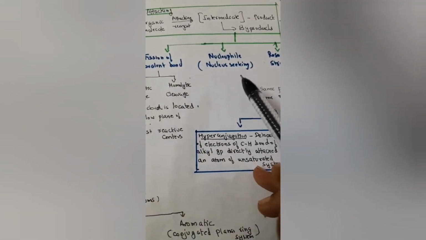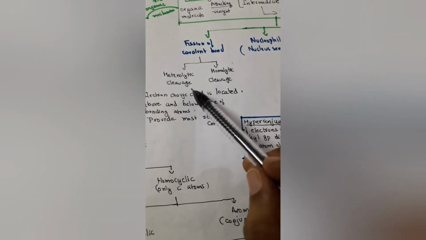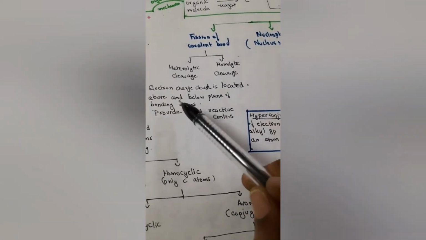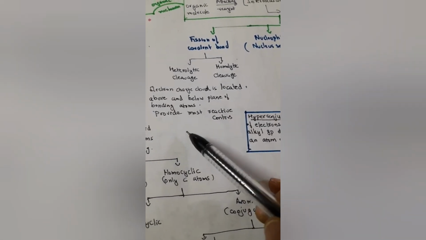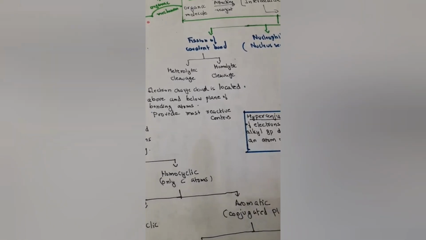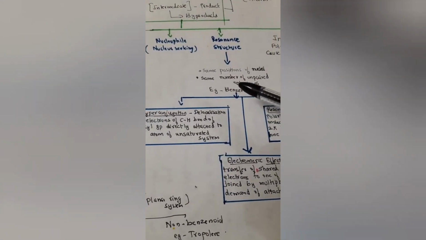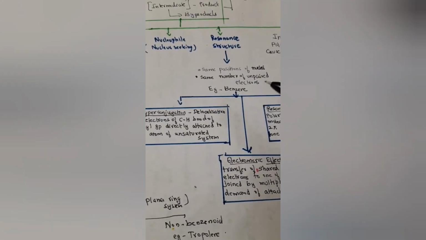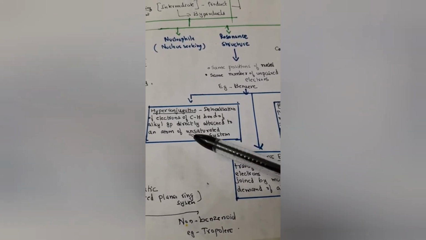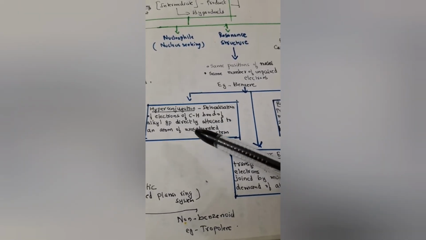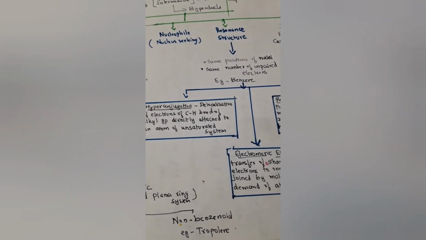structure and nucleophile, nucleus seeking, fission of covalent bond, that is it can be heterolytic cleavage or homolytic cleavage. The electron cloud is located above and below the plane of the bonding atoms and it provides the most reactive centers. Then resonance structure: same position of nuclei, same number of unpaired electrons, like benzene. Here hyperconjugation, delocalization of electrons of the C-H bond of an alkyl group directly attached to an atom of an unsaturated system.